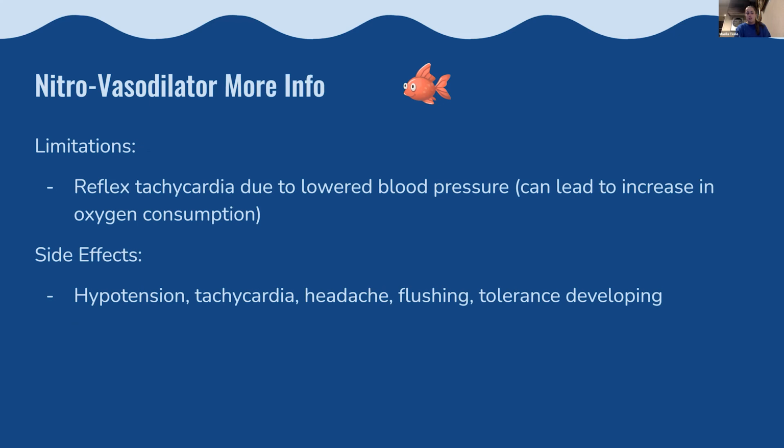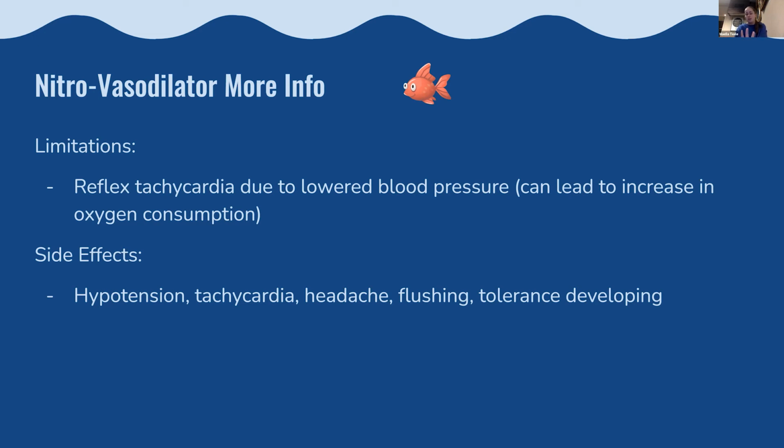All right, so some more information. Some limitations. You do have reflex tachycardia due to your lowered blood pressure, because you've got so much dilatation of your veins and your arterioles. That will lead to a lowered blood pressure, which can also lead to increased heart rate to try and compensate for that lowered blood pressure. So this can lead to an increase in your oxygen consumption. It's a little bit paradoxical, because you're trying to reduce your oxygen consumption, but you can have a little bit of reflex tachycardia because of that.